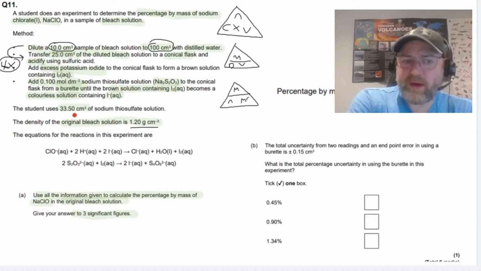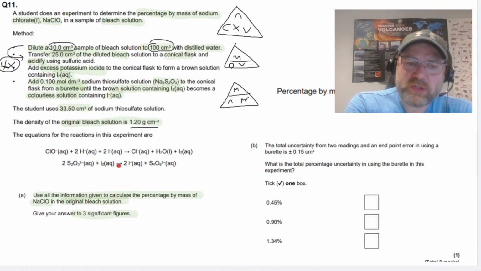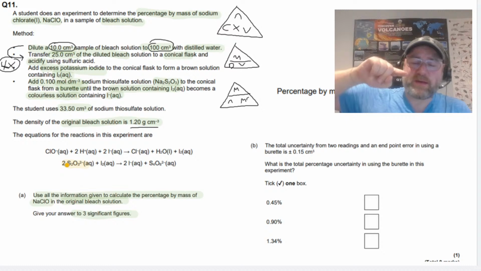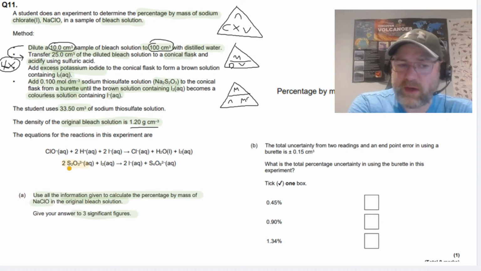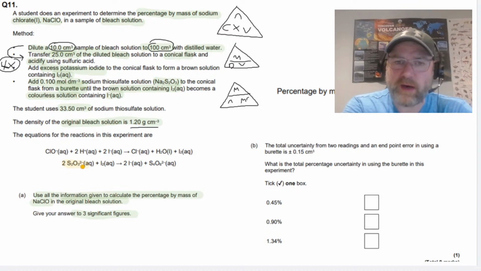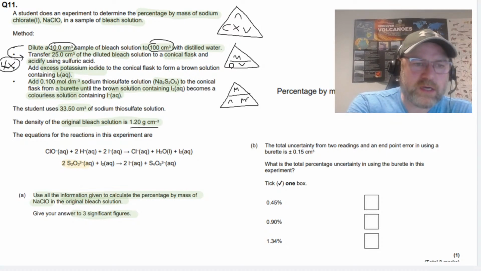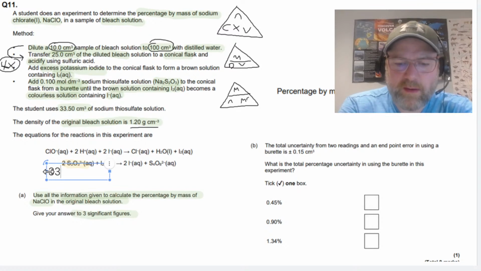I've got 33.50 of sodium thiosulfate. Now, with these back titrations, 99.9% of the time you're going to be starting with the bottom equation and working your way back to the original equation. So this is an ionic equation, so they haven't bothered showing the sodium of the sodium thiosulfate. They've just shown S2O3 2-, so you'll have to be able to work that out. Be on your toes for that. And we've been told that there are 33.50 centimeters cubed of that.